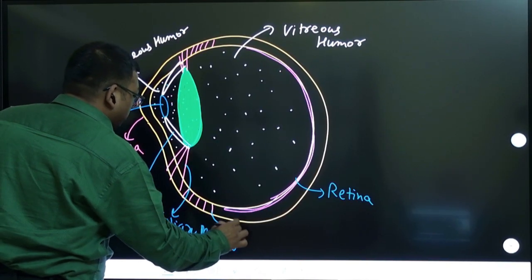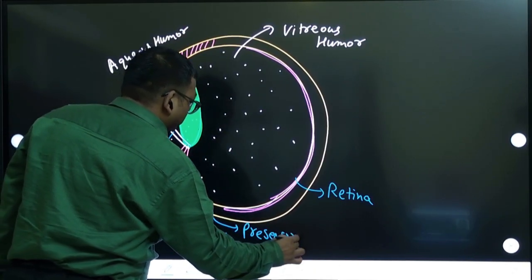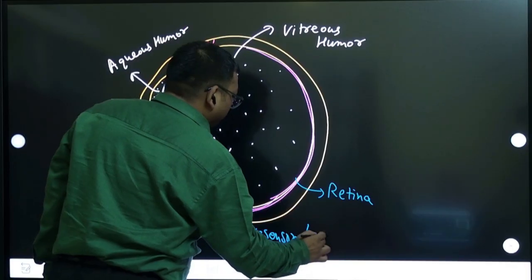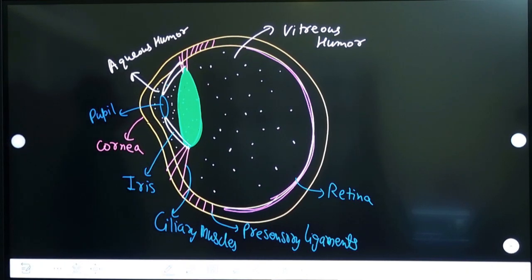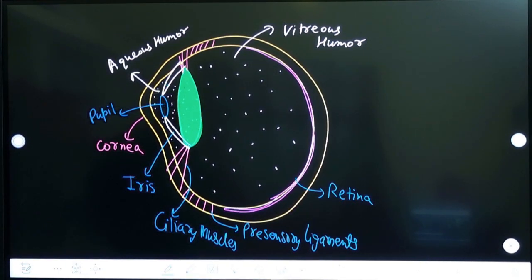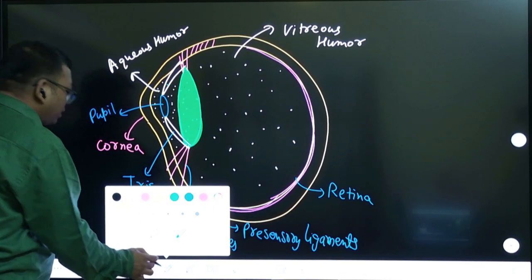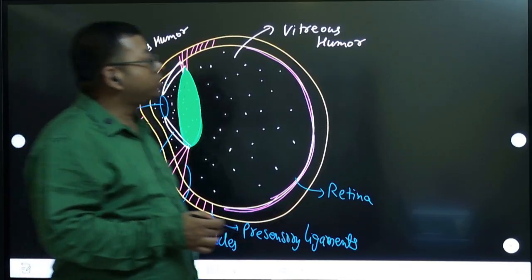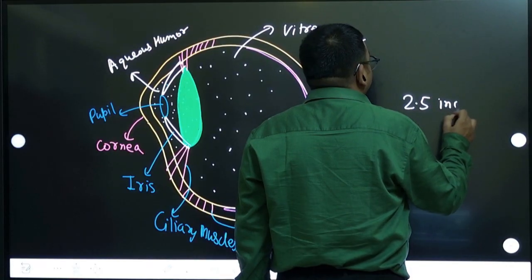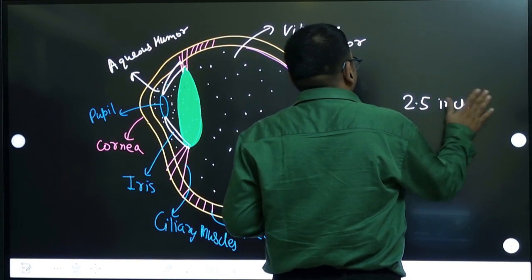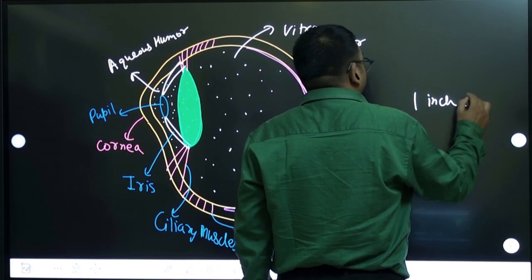And this part is called the suspensory ligaments. Okay. So all these parts are important for the eye. So this cornea, or this whole eye, is like a sphere of almost 1 inch diameter.